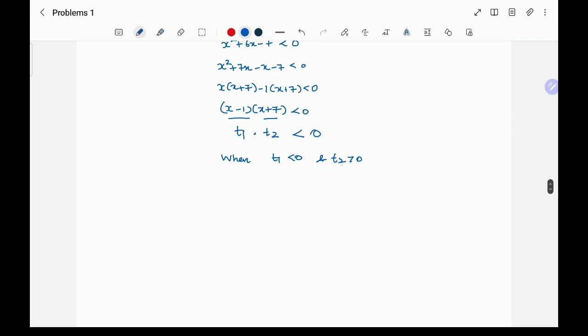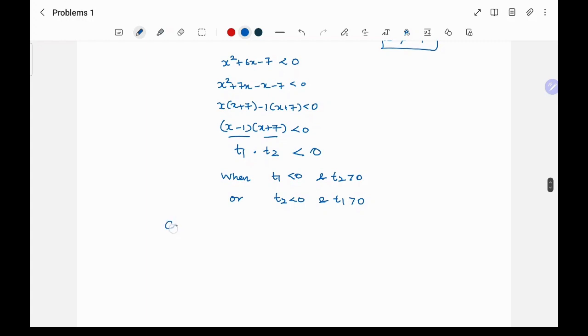When t1 is negative and t2 is positive, then t1 into t2 will be negative, or t2 is less than 0 and t1 greater than 0. So one of the two numbers should be negative and the other number should be positive. Then only the product can be less than 0. If both are positive, then it is ultimately greater than 0, and even if both are negative, their product will be positive. So now let us take case 1.